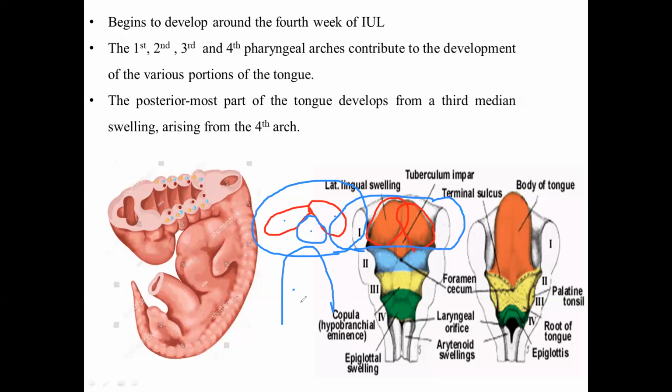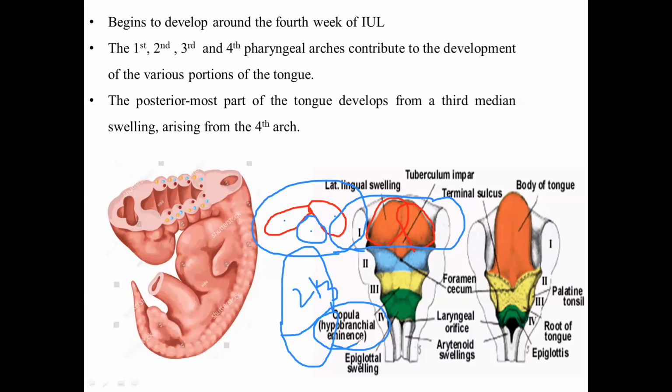Now, after the anterior 2/3, we need to have some part of the tongue left, the posterior 1/3. The posterior 1/3 is formed by the 3rd pharyngeal arch from a structure called the hypobranchial eminence, also known as copula.